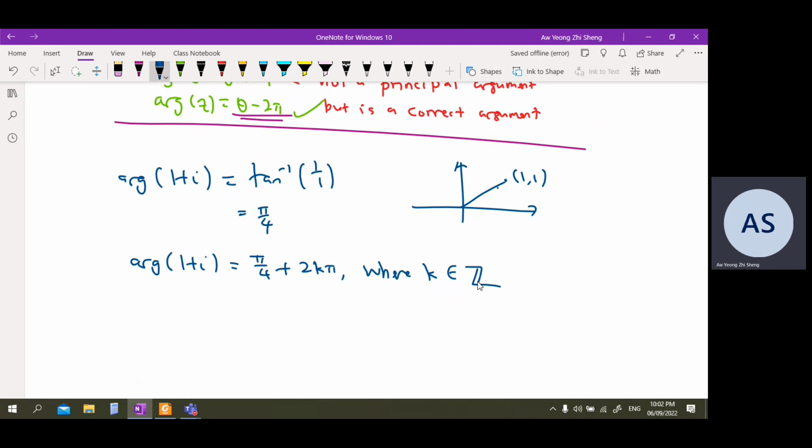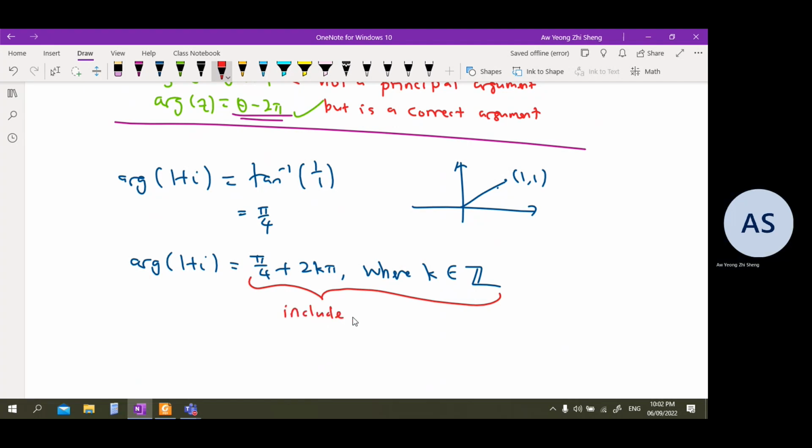When I say k can be any integer, I include all positive integers, negative integers, and 0. So this would include all the correct arguments.